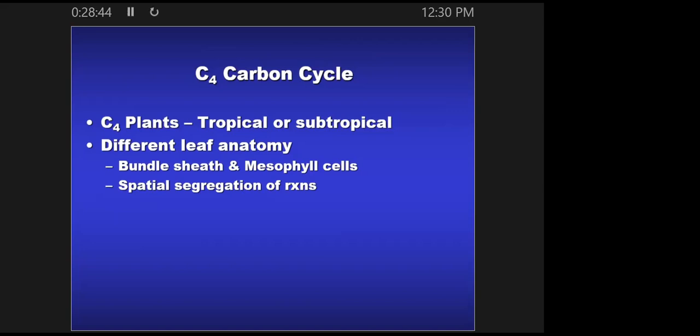They have a physical, spatial way to split up where certain reactions are happening in the leaf. The big picture is that it creates a situation where Rubisco really doesn't see much oxygen, so it won't run the PCO cycle, and it just keeps running Calvin cycle, Calvin cycle, Calvin cycle. So it's really an elegant, simple solution: just physically separate some of these pathways. But don't forget, every plant has a C3.